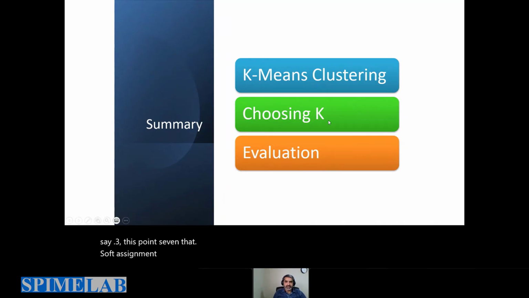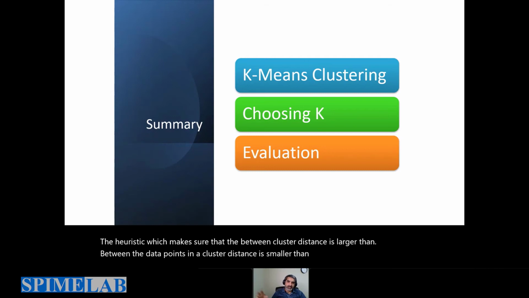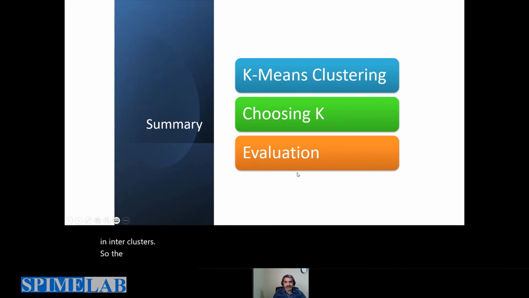And choosing the k, we can use elbow method or the heuristic, which makes sure that the distance between data points within a cluster is smaller than the distance among the clusters. So the evaluation is tricky, but as long as in the domain, in the nature, the clusters are spherical, we are good. If they have a nonlinear shape, then k-means clustering cannot meet that challenge.